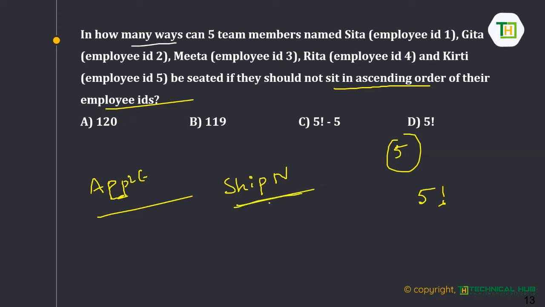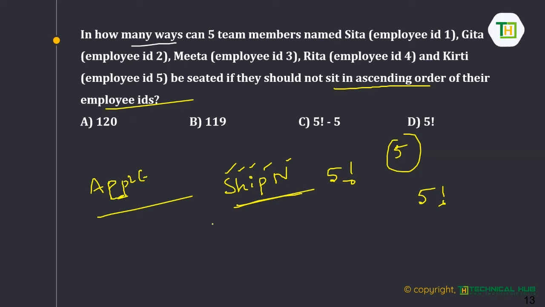I'm taking this word SHIPN. How many ways can you arrange this word? Here 5 different letters are there, so 5 factorial ways is possible. Similarly, here 5 different persons are there, and their employee IDs are given. How many ways can you arrange them? 5 factorial only.